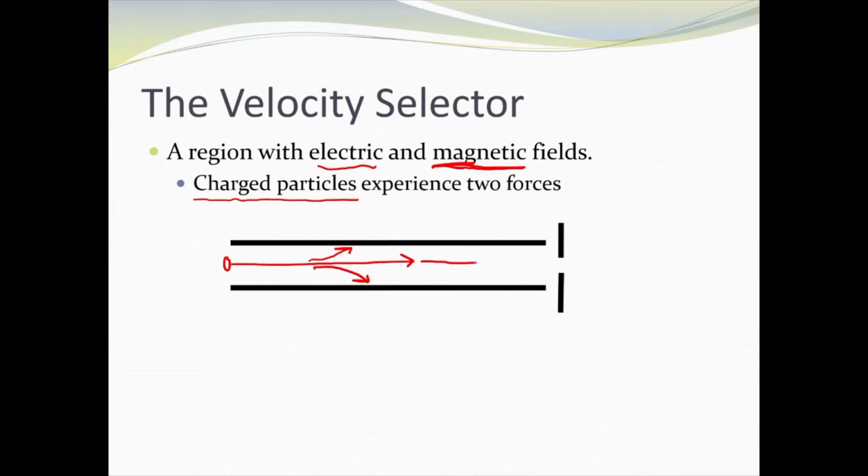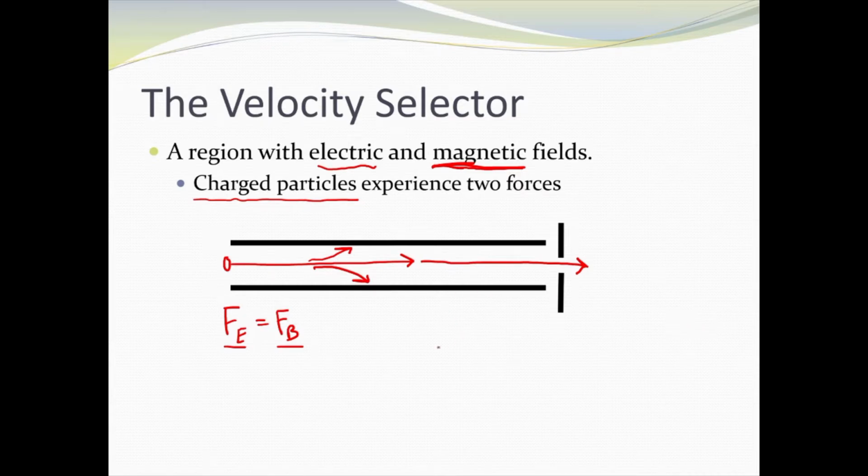So what the velocity selector does is it makes sure that whatever charge this particle has, the force of the electric field equals the force of the magnetic field. That keeps the particle going straight through the path and out the other side. If this force is not equal to the other one, then the particle gets pushed either up or down and then crashes into the walls of the velocity selector and doesn't come out the other side.